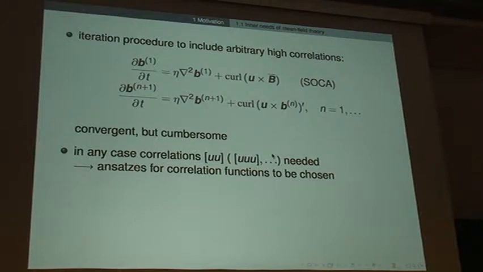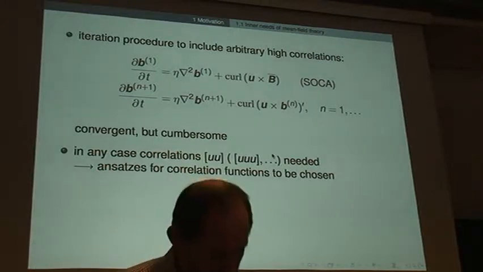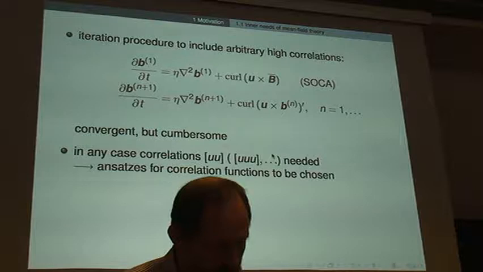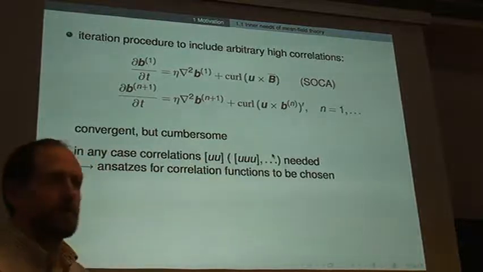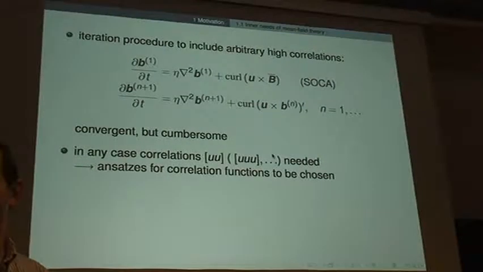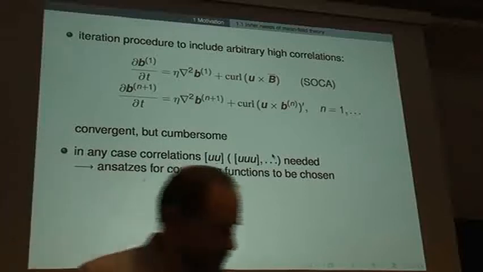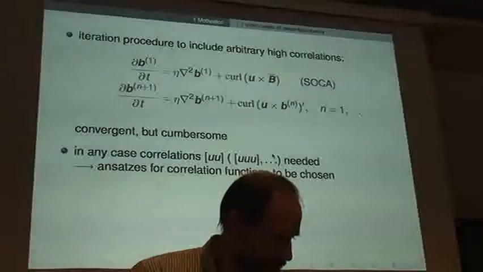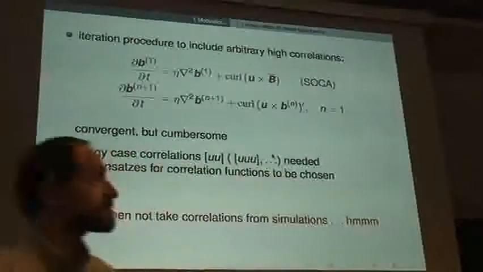So then it is probably a very reasonable idea to say, okay, if we don't know these correlations, we have powerful computers with thousands of processors meanwhile, and soon there will be maybe 1 million. So why not take the correlations from simulations?